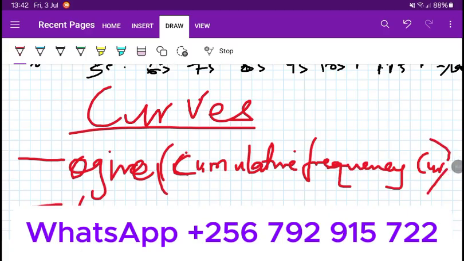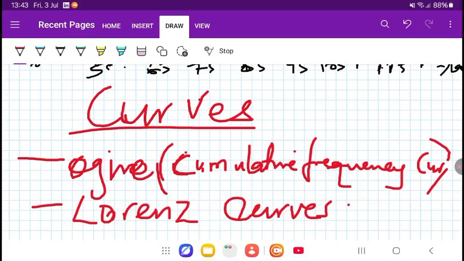And then the other one is what we call the Lorenz curve. Those are the two that we are going to focus on. And once we are done with these two, then we shall conclude this chapter 5. And we shall move to chapter 6, which is the measure of dispersion or measure of central tendency.